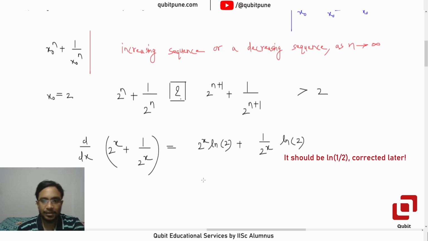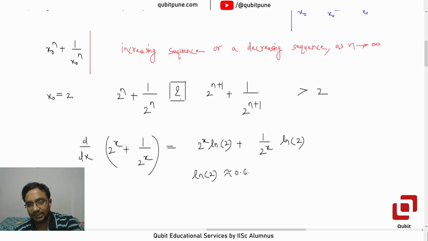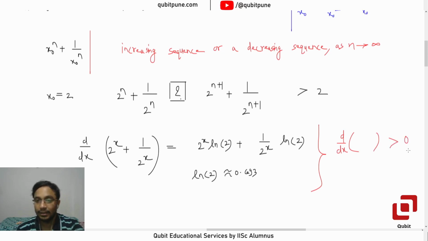Now did you observe that ln 2, whose approximate value is 0.693, every term here is positive? What does it tell you? It basically tells you that the derivative of this function 2 raised to x plus 1 upon 2 raised to x is positive.